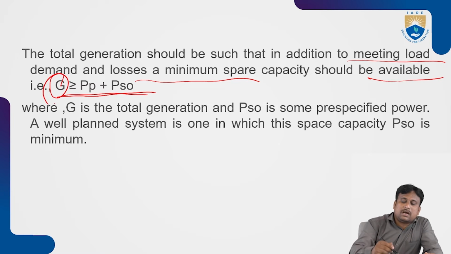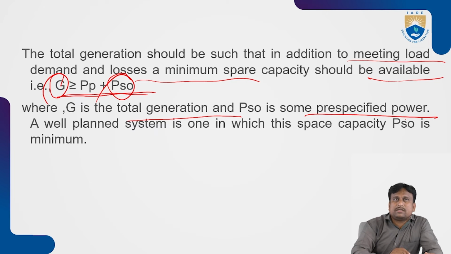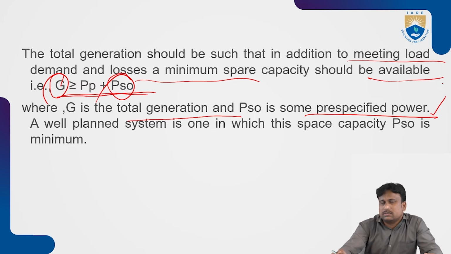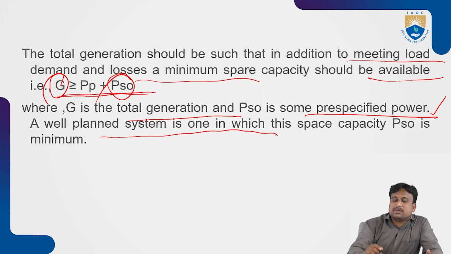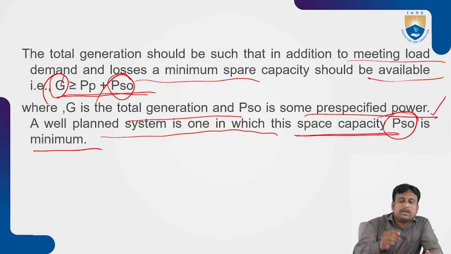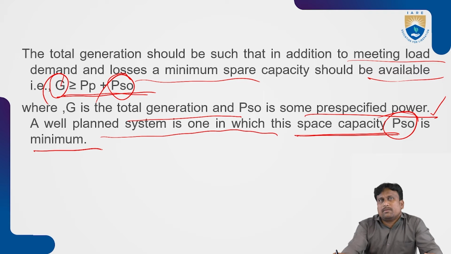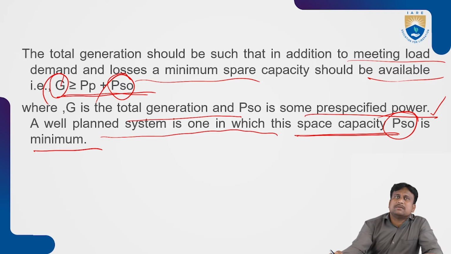Here G is the total generation and the PSO parameter is called pre-specified power. So for such constraints to hold, a well-planned system is one in which the spare capacity PSO is minimal. Then only we can maintain the power system network in a well-planned, well-organized manner.